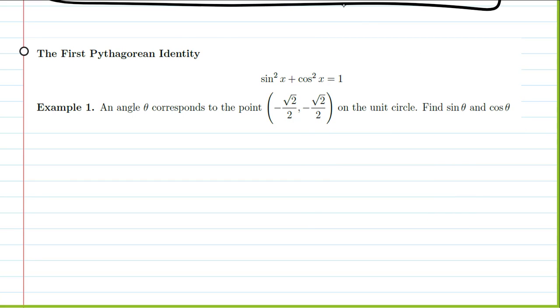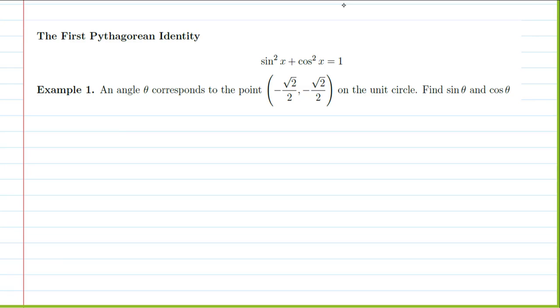All right, so an angle theta corresponds to the point -√2 over 2 and -√2 over 2 on the unit circle. Find the sine of theta and find the cosine of theta. So let's go ahead and draw a sketch of our unit circle.